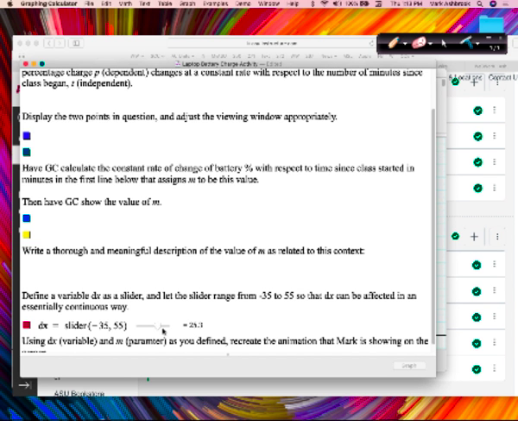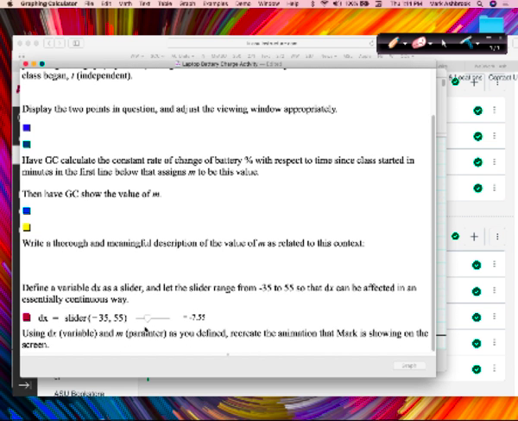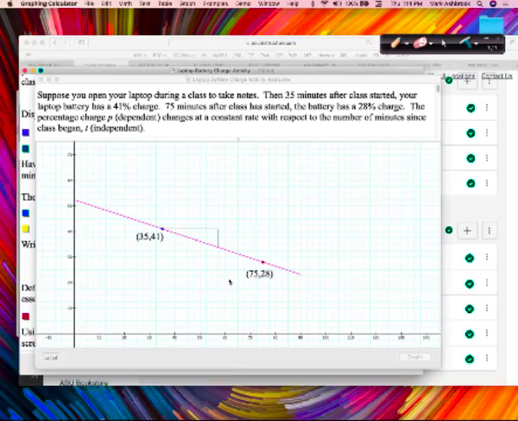Make sense? When you do these manual sliders, there's no play button. You have to grab it and move it. Okay, so that's the setup. Now using the dx variable and m parameter, so dx is a variable, m is a parameter, you're going to recreate this for homework.